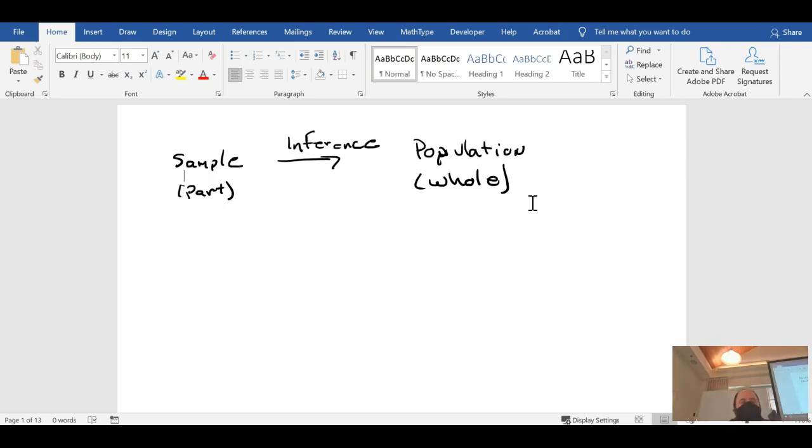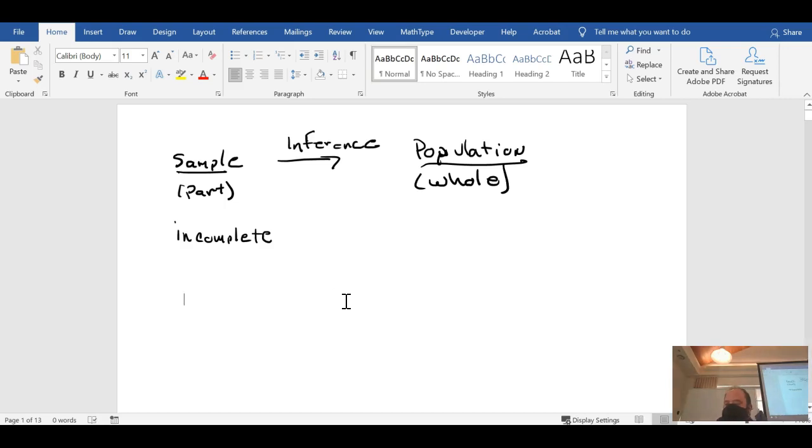All right, so you're taking a sample, you are making an inference about the whole population. So here's the problem. This is incomplete information, right? And the language that we've been using here is that you have a degree of confidence.